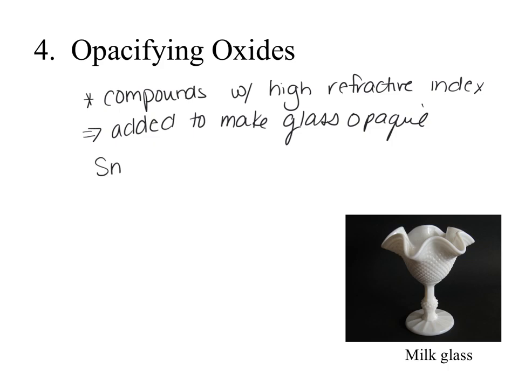So tin oxide's refractive index is 2.04. Titanium oxide is what's used more frequently, and that's 2.55 to 2.75. This is apparent in things like milk glass. My grandmother used to collect milk glass, and so we had all of this particular glass that was all around her house. And that is glass that has been mixed in with this titanium dioxide to give it this opaque white appearance here.